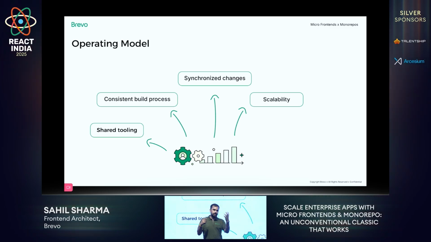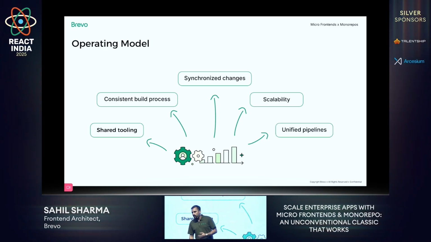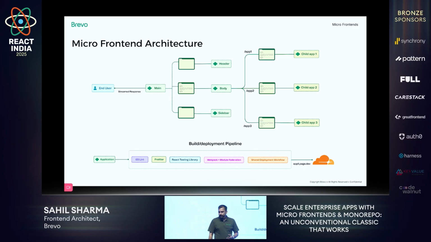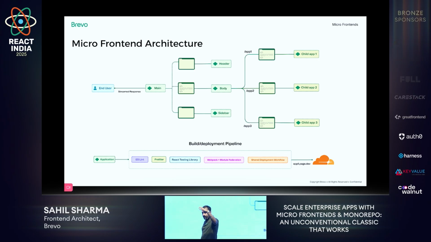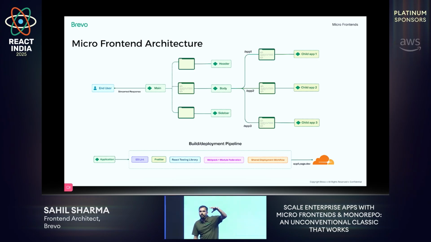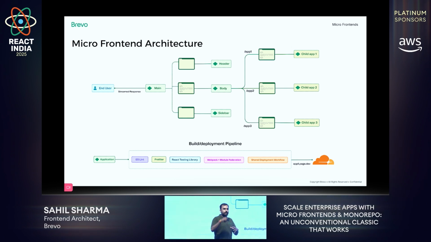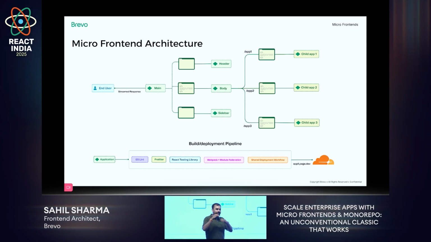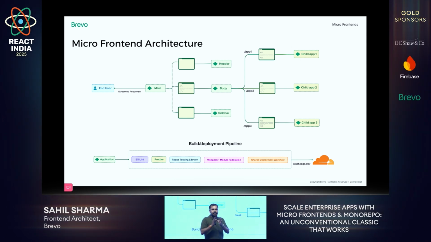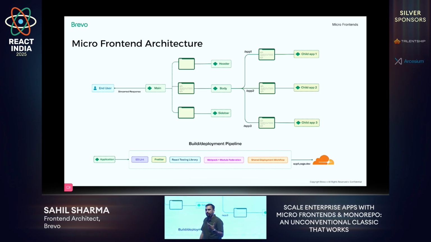Here we are able to. Then last is the unified pipeline. The unified pipeline is about how you structure your CI/CDs. If you define CI/CD very well around this solution, based on your applications and packages, it scales very well.